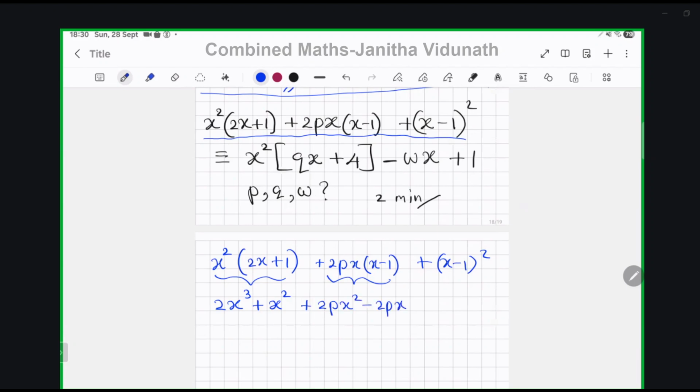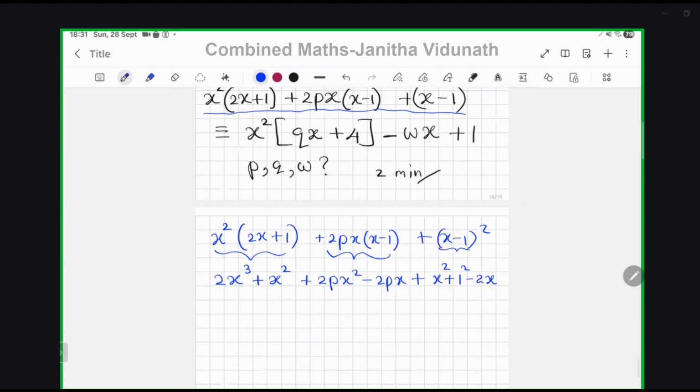Simply simplify the brackets. Here we already know how to expand this bracket. That means square of the first term plus square of the second term minus 2 times the multiplication of those two terms. Then further we can simplify this.